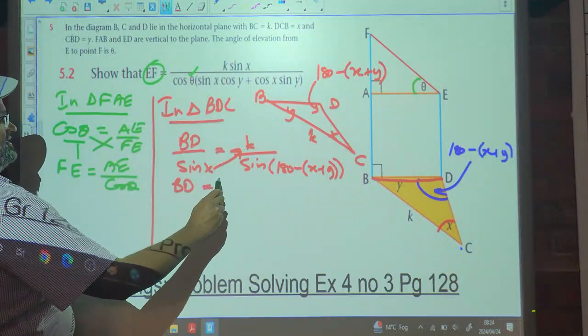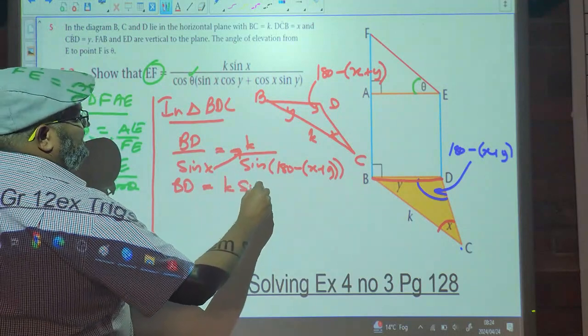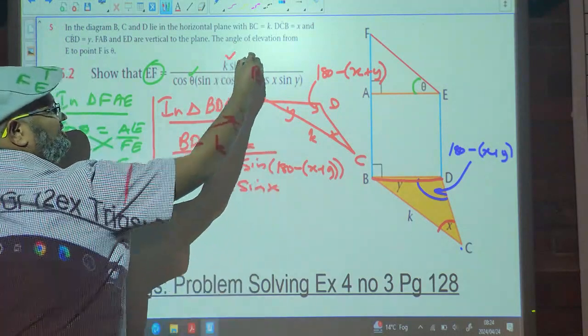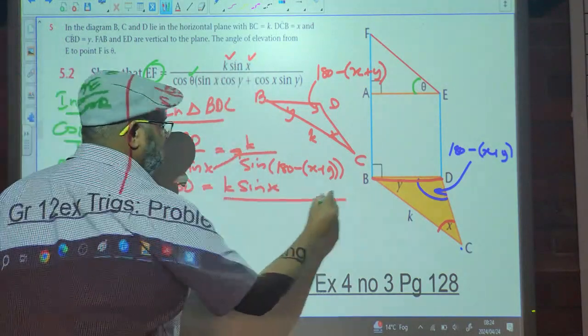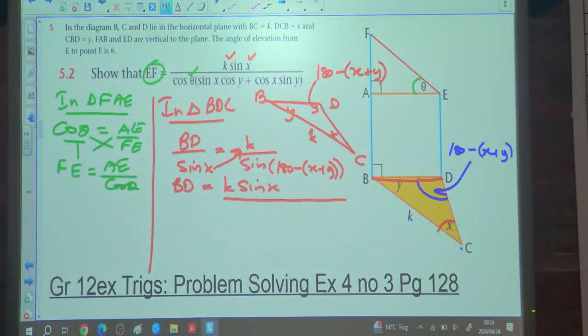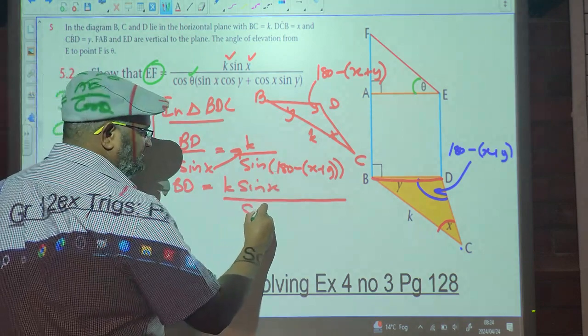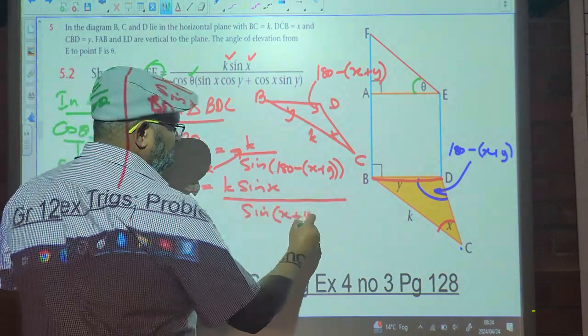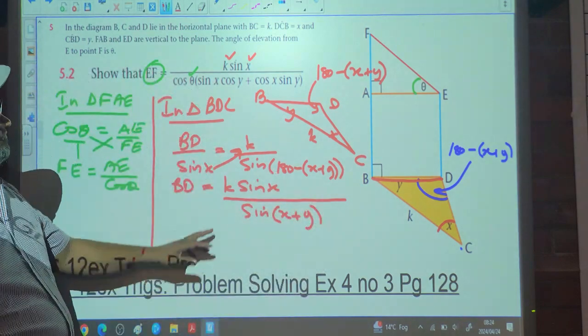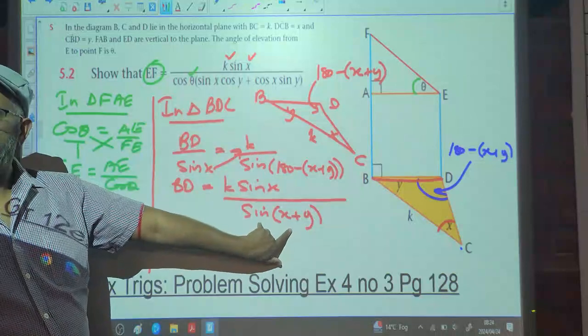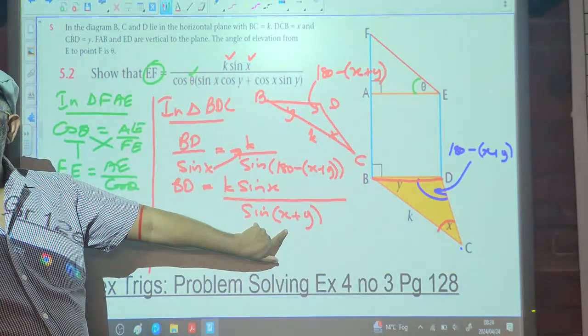So BD is equal to K sine X over sine of (180 minus (X plus Y)). You see it's coming together now. 180 minus is in which quadrant? Second quadrant. Is the sine positive or negative? Positive. So this is sine of (X plus Y). But what is this? The compound angle.